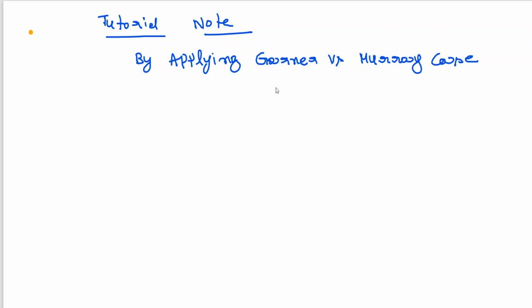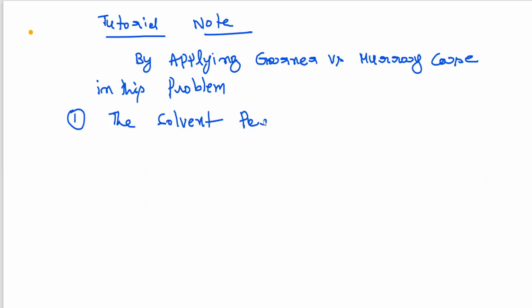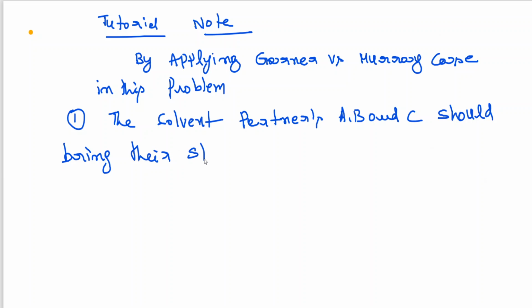By applying the Garner versus Murray case in this problem, the solvent partners A, B, and C should bring their share of realization loss in cash.